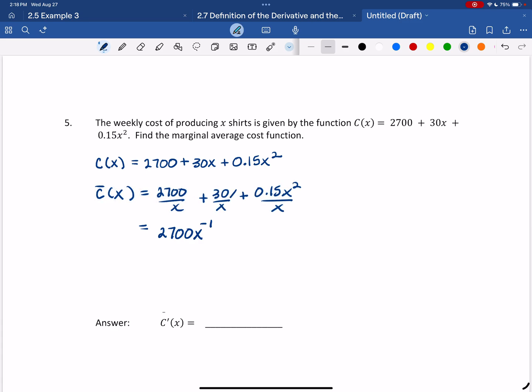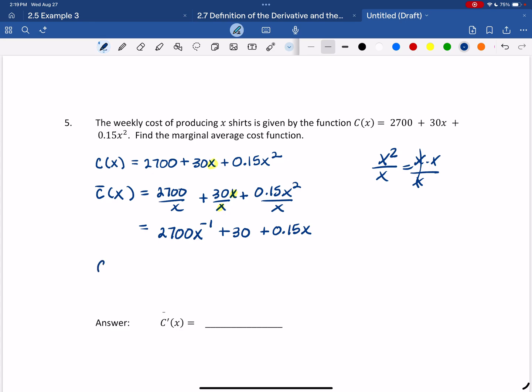Oh, let's see, 30x over x. Pay attention to that x here and an x here. That means this is just going to be plus 30 because those x's will reduce out. And this is going to be 0.15x because when you have x squared over x, that's going to leave a single x in your numerator.